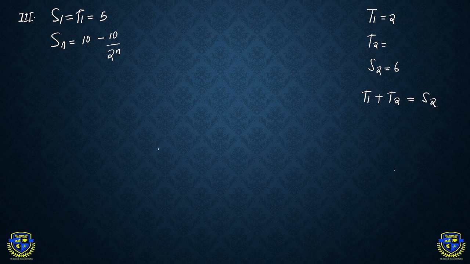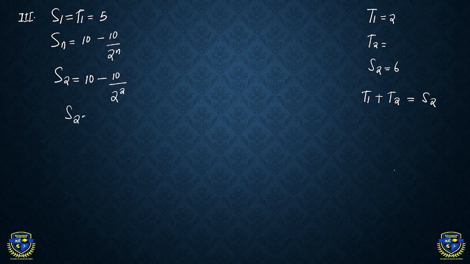So this is what we're going to do. Sum of the first two terms is equal to 10 minus 10 divided by 2 to the power 2.